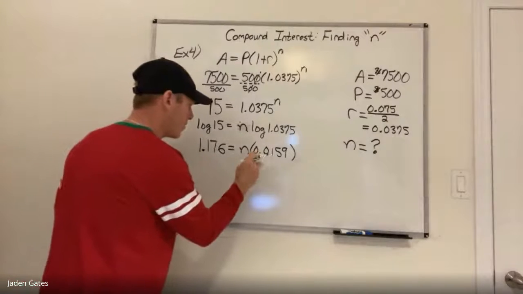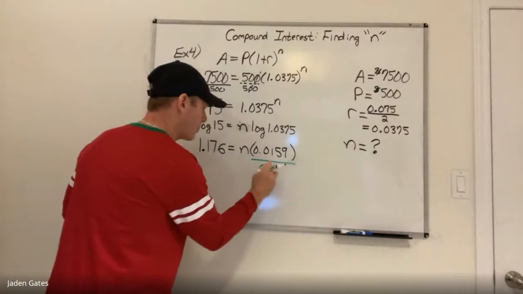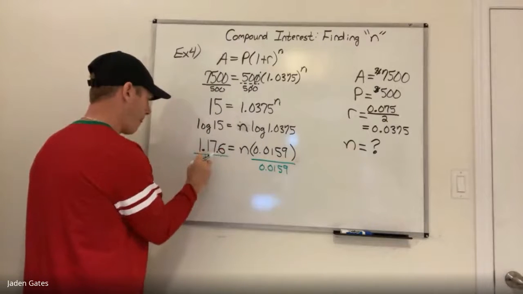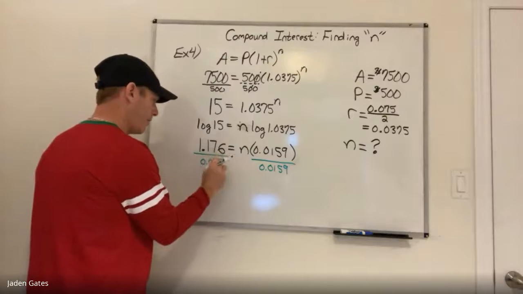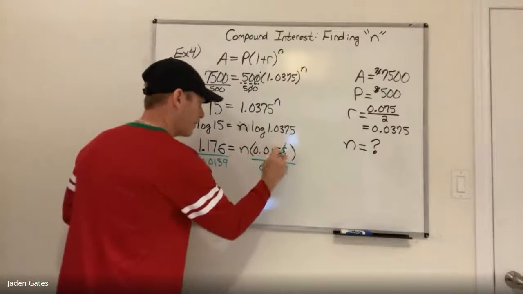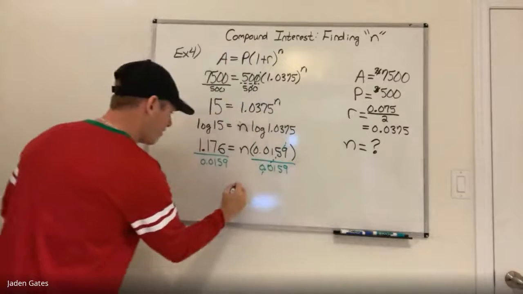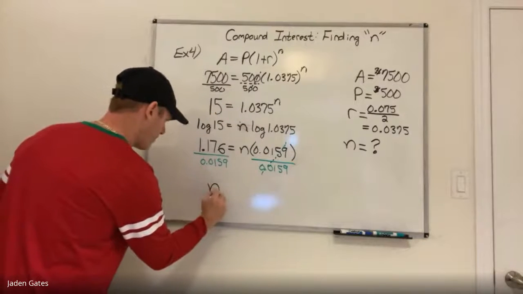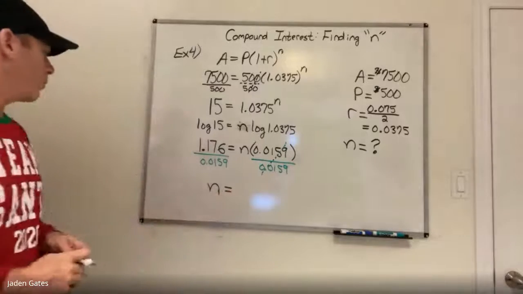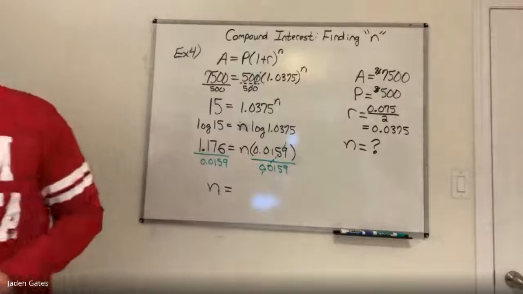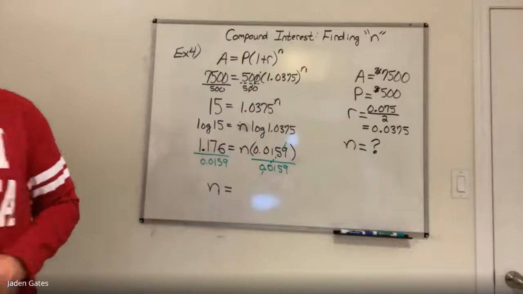So let's divide by my 0.0159. And let's see here, our n value. I take my 1.176, divide it by my 0.0159, and I end up with 73.96.